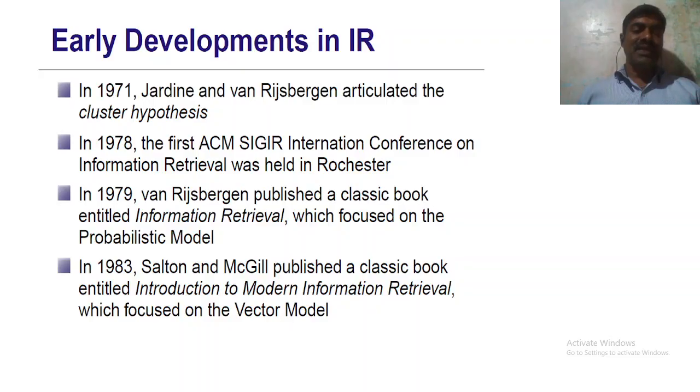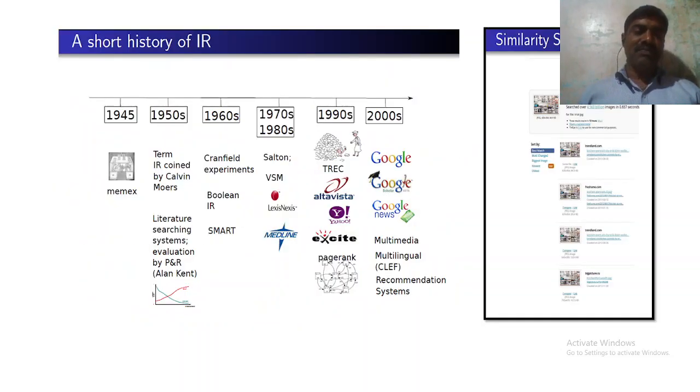In 1979, Van Rijsbergen published a classic book entitled Information Retrieval, which focused on the probabilistic model. In 1983, Salton and McGill published a classic book entitled Introduction to Modern Information Retrieval, which focused on the vector model.